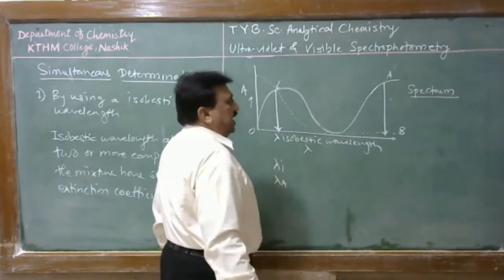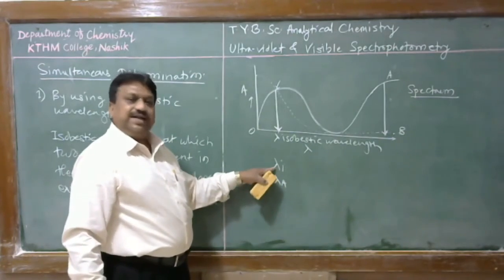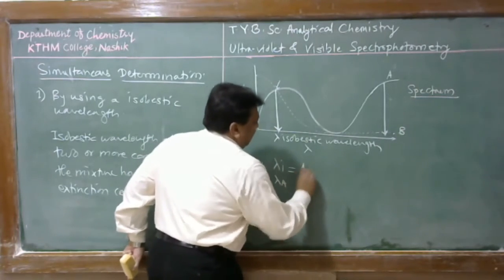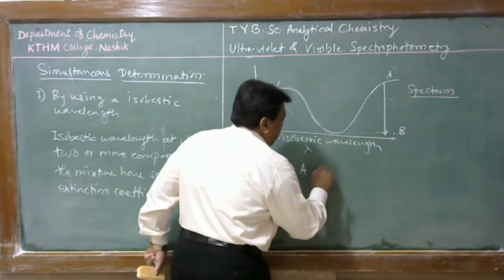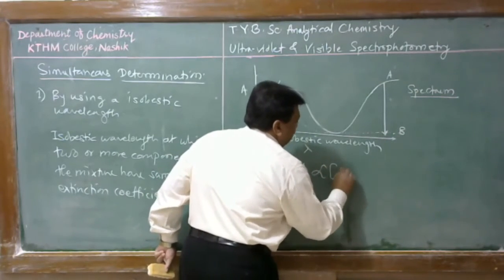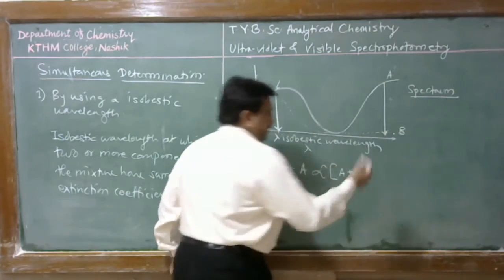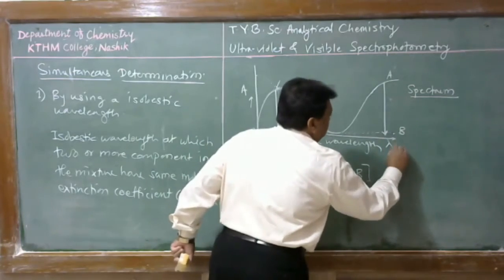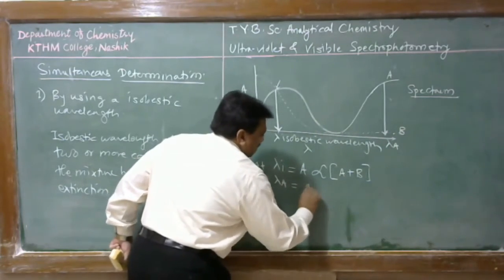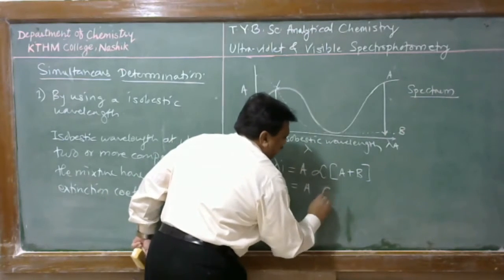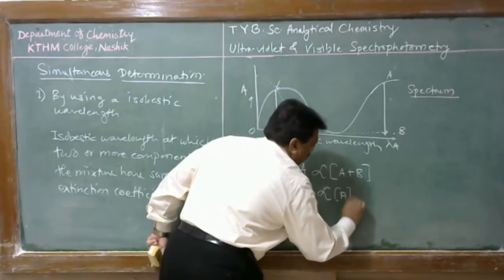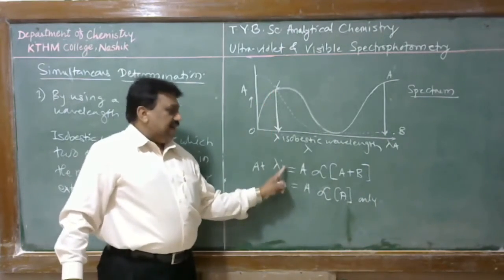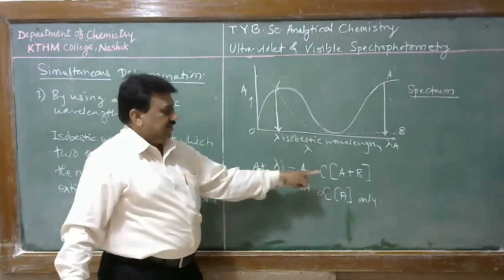Therefore, at the isosbestic wavelength, the absorbance obtained is directly proportional to the concentration of component A and component B, while the absorbance at lambda A is directly proportional to the concentration of A only.